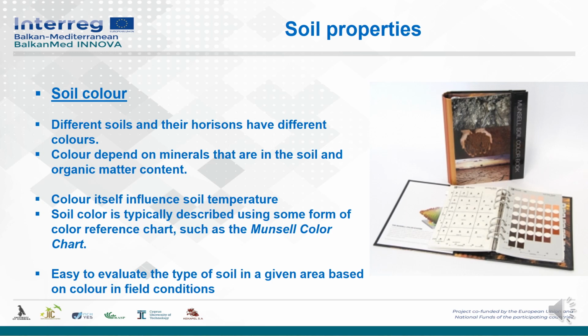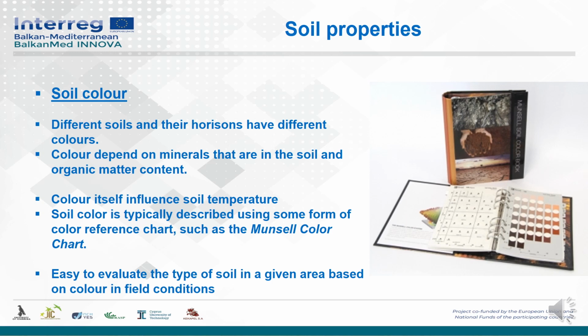Speaking about soil properties, now I want to speak to you about soil color property. Soil color is important because it indirectly shows how rich the soil is, how many minerals it contains, and how much organic matter is in it.